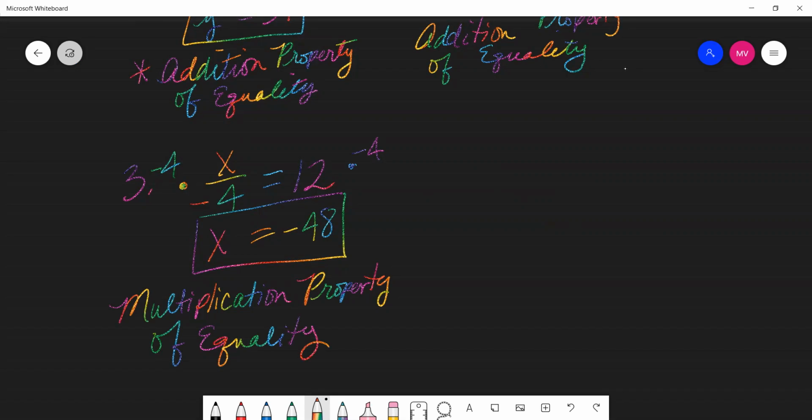The reason it's multiplication, whether you're undoing division or not, is because essentially you are multiplying the number by its reciprocal. So x over -4 is the same thing as -1/4 x. And if that had been 4 times x, you're really just multiplying it by -4 over 1. And that's why it's still multiplication.